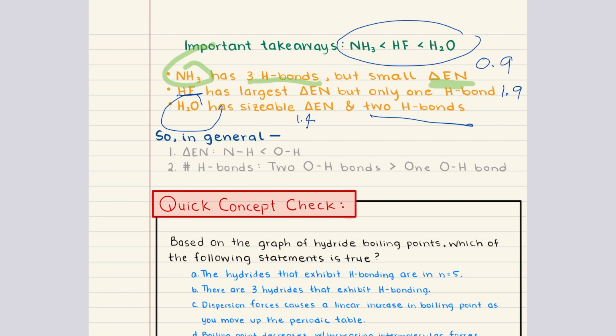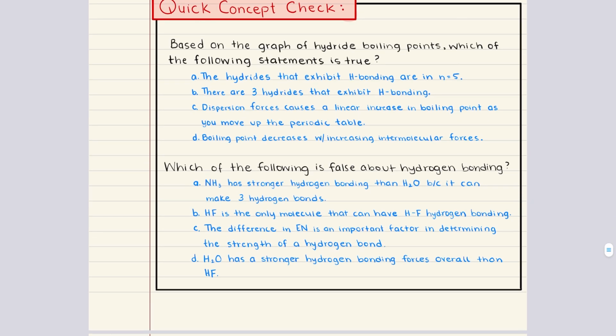Now that we've discussed how hydrogen bonding impacts boiling points, let's apply what we've learned to a couple of concept check questions. The first question asks, based on the graph of hydride boiling points, which of the following statements is true? Let's go through each choice carefully.